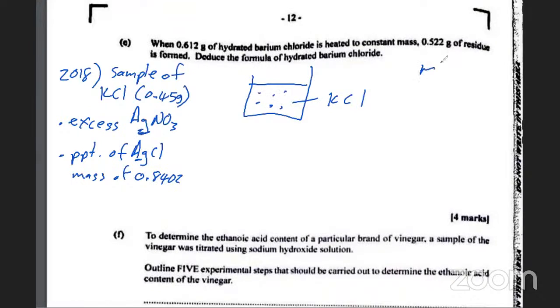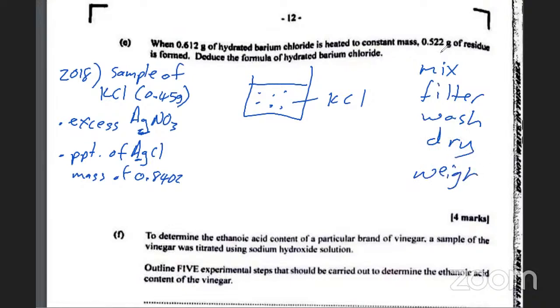So you mix, you filter, you wash, and dry, then you weigh. You add your precipitating reagent to this solution, you will get a precipitate. You filter, you wash the residue, allow it to dry, and then you weigh it. That is the procedure for precipitation gravimetry.